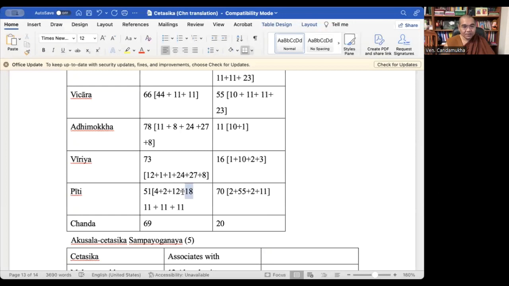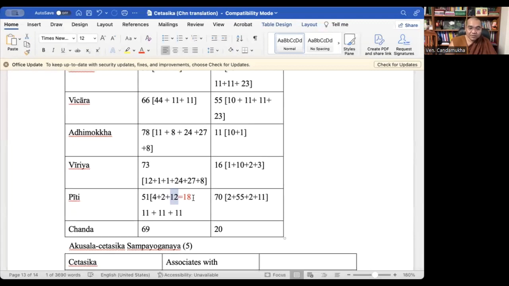So we can remove that one. That is just to make you understand and remember. 18 Kama Somanasa is 4 from lobha mula, 2 from ahetuka, and 12 from kamavacara sobhana. All of them belong to the kamavacara, the sensual sphere.